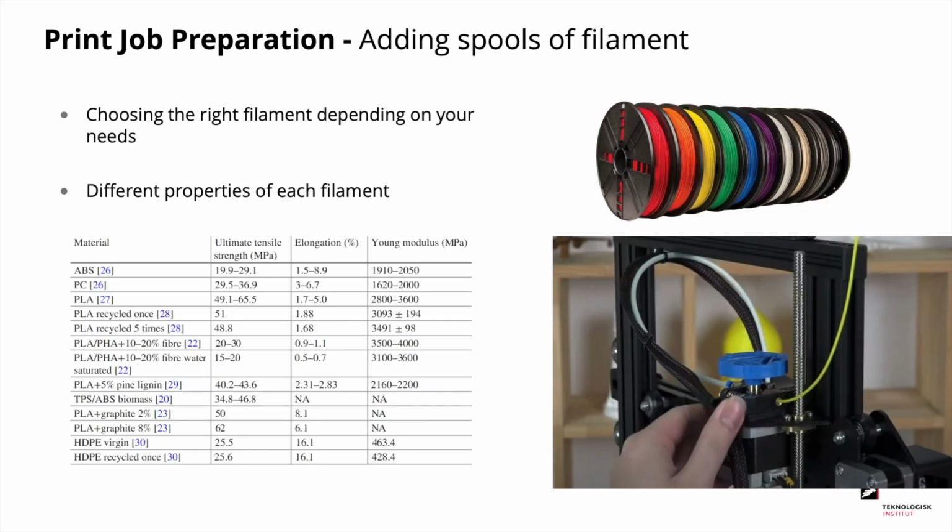Now we have to prepare the printer itself by adding spools of filament, and here it's important that you choose the right filament for the application you're going to print, but also the same filament as you used in the slicer software. Then you have to take the filament and put it into the extruder and make sure that it is all the way through before starting to print.